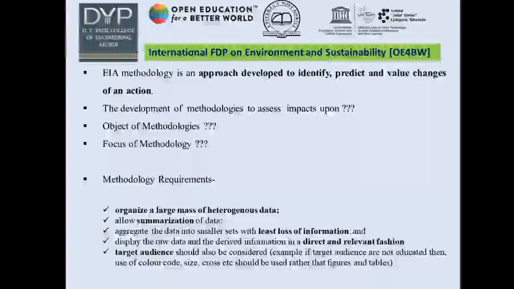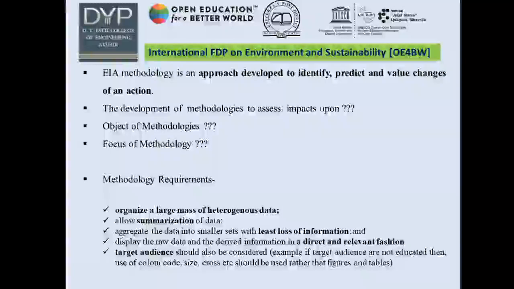There are several methods available, but while choosing we have to consider a few parameters. EIA methods range from simple to complex, and there are different data formats, varying levels of expertise, technologies, associations.